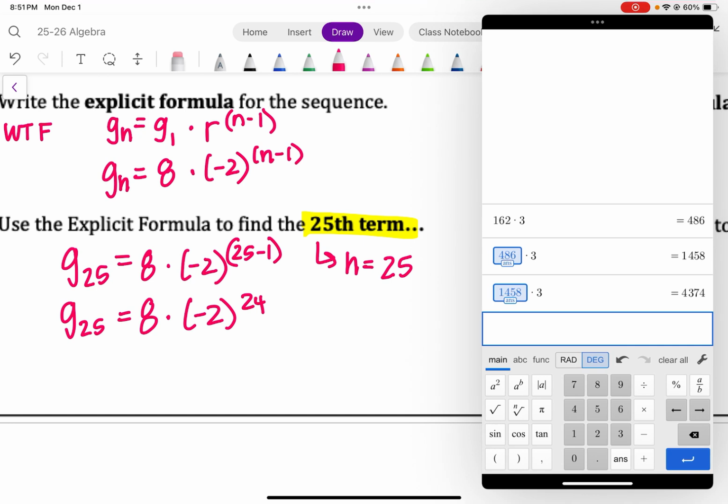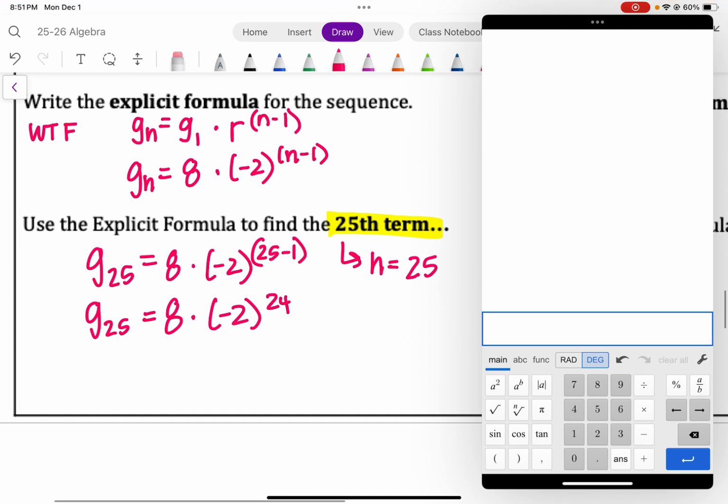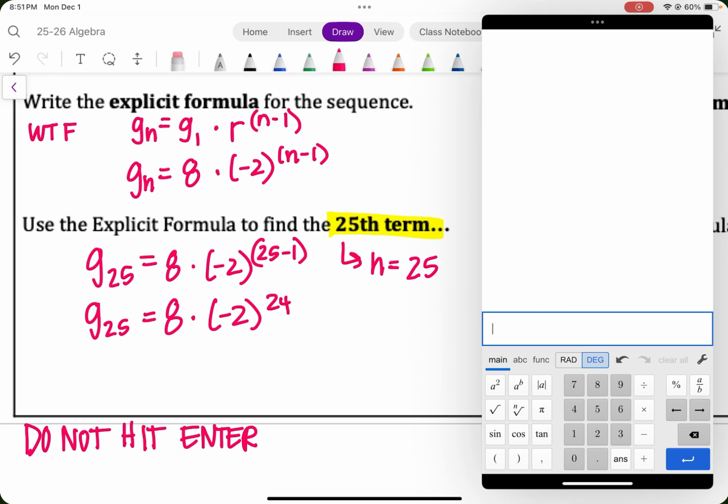I'm going to use my calculator, and you have to be really careful because you're not going to hit enter until you type it all in.